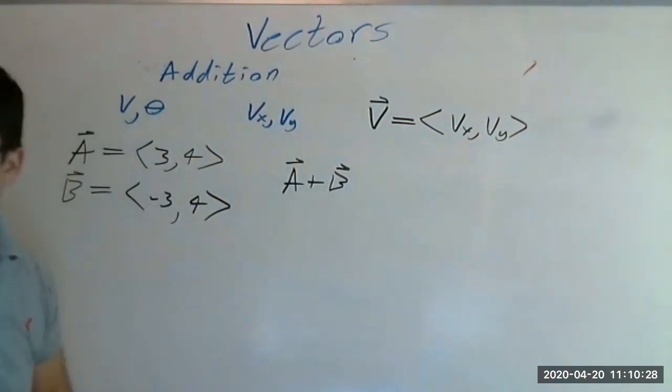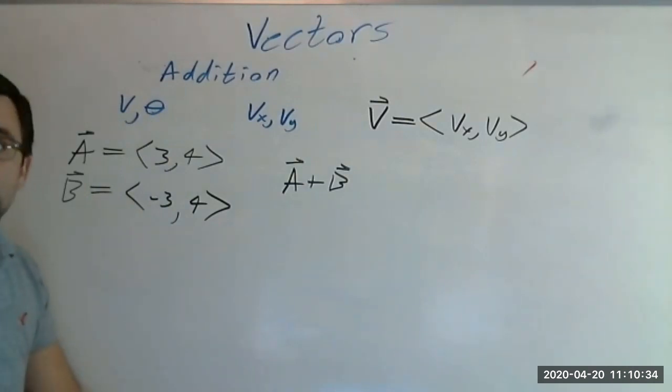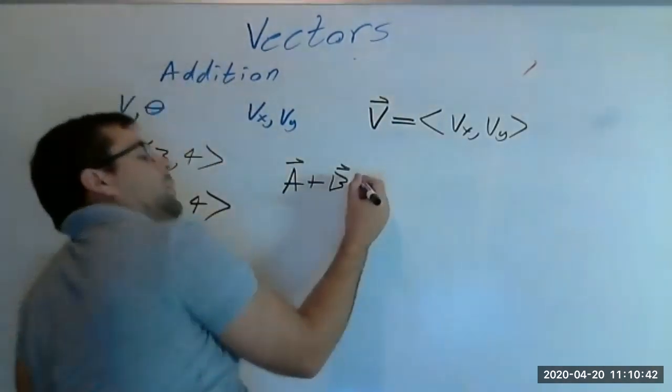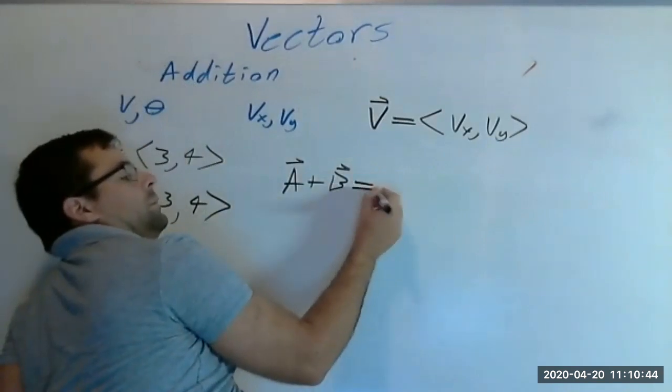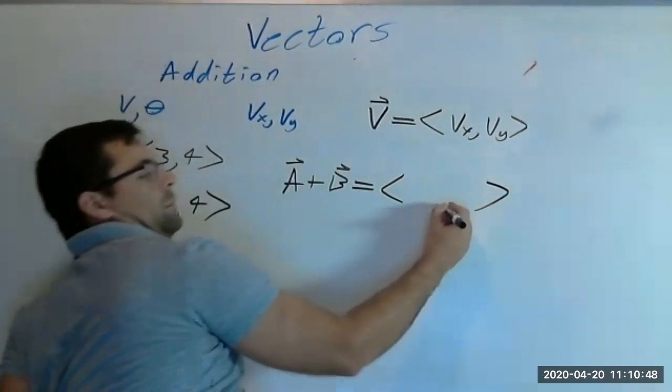Well, what is A plus B? Are you saying like 3, 4 plus -3, 4?